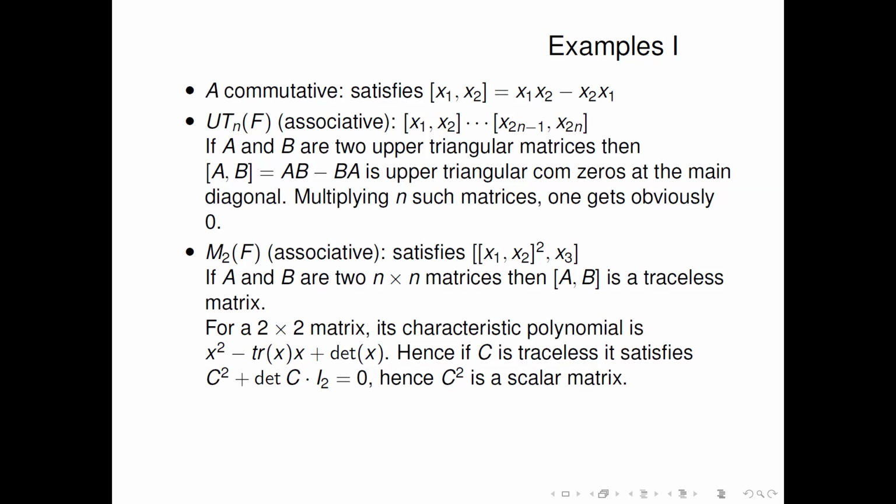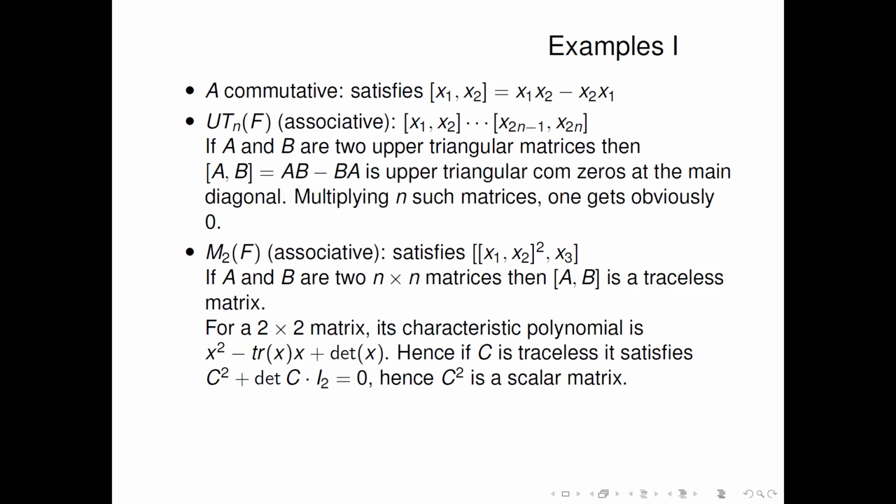But let us specialize for 2 by 2 matrices. The characteristic polynomial of a 2 by 2 matrix has this form. We know that every matrix vanishes its characteristic polynomial, but here I'll take C, a traceless matrix, that is a commutator. So this part becomes zero.